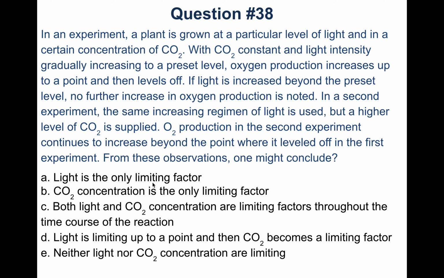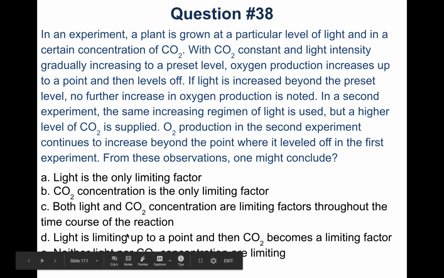So light is a limiting factor, but not the only one. CO2 is also a limiting factor. Is CO2 the only limiting factor? No, light also controls it, so light can also be a limiting factor. Both light and CO2 concentration are limiting factors throughout the time course of the reaction.